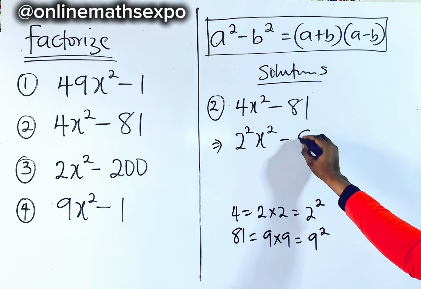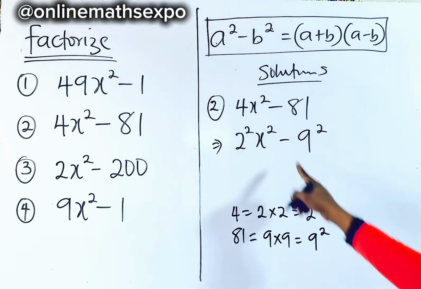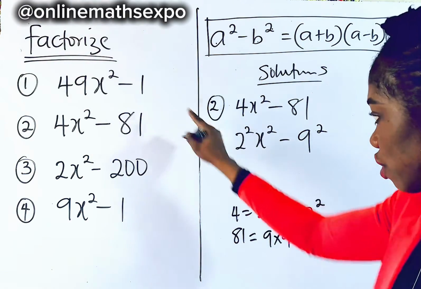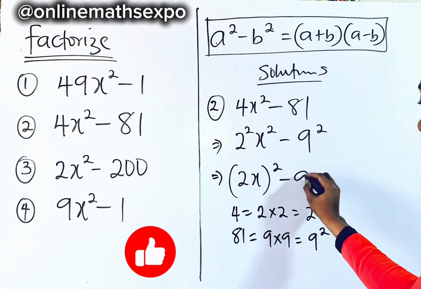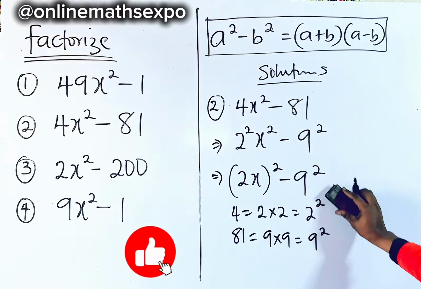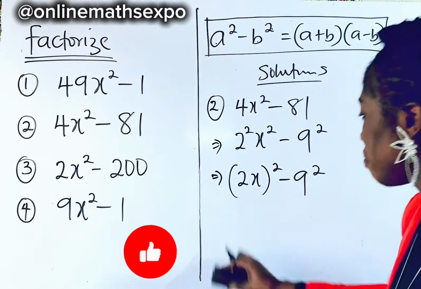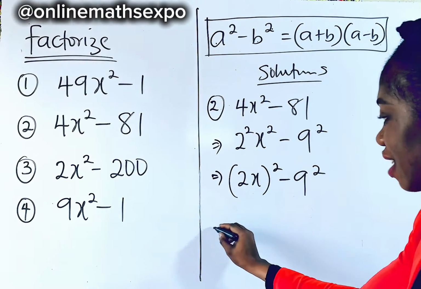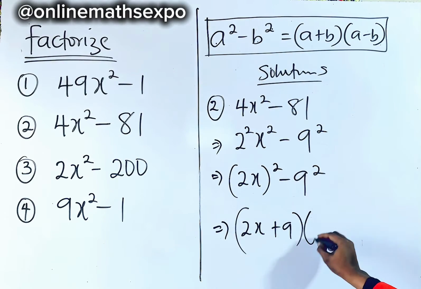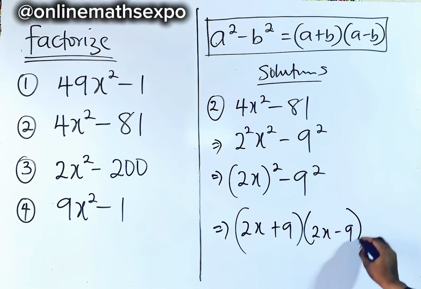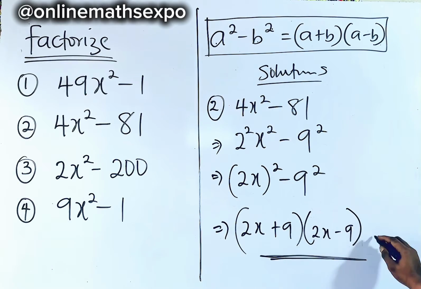Then 81 is 9 squared. Remembering what we did in the first, this is the same as 2x squared minus 9 squared. You are done. So what do we do? Apply this rule. And that gives us 2x plus 9 and then 2x minus 9. And that is your answer.